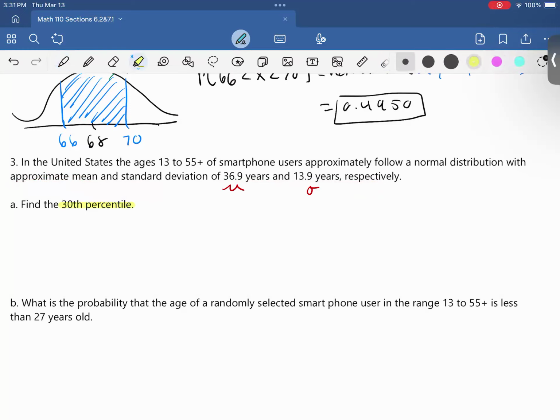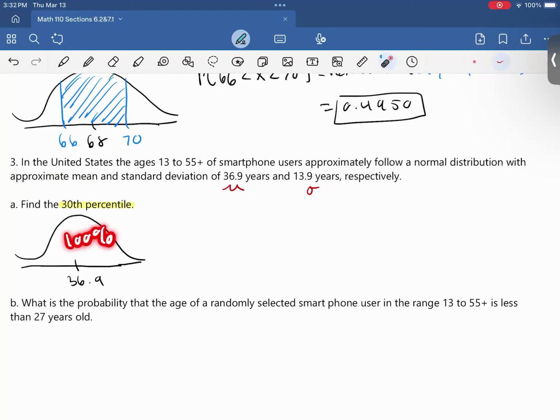Okay. So what we need to do is draw our distribution. We have our mean of 36.9, and we're trying to find the 30th percentile. Knowing that this whole distribution is 100%, I know 30% is going to be a pretty low value on the left.